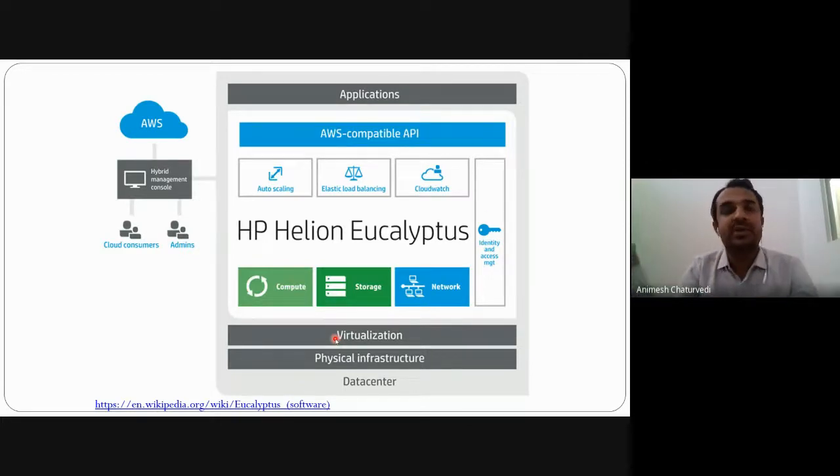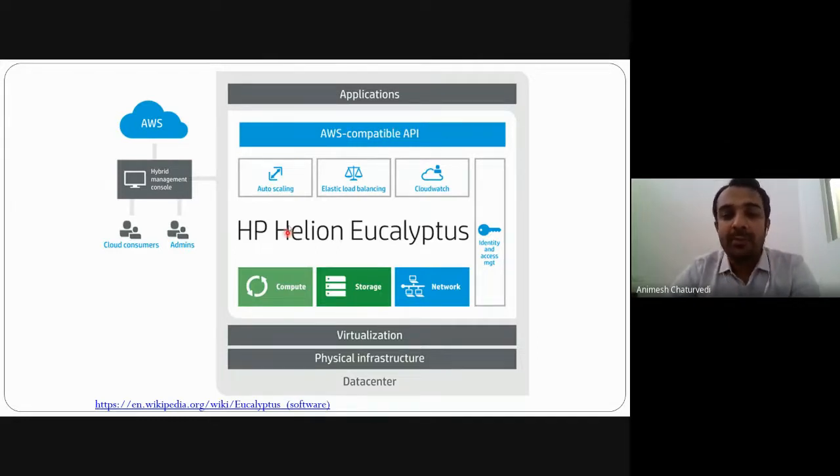You install Eucalyptus on every server, and then computation power, storage power, and networking can be managed. There's an identity and access management system which helps you communicate with the Amazon compatible cloud API.